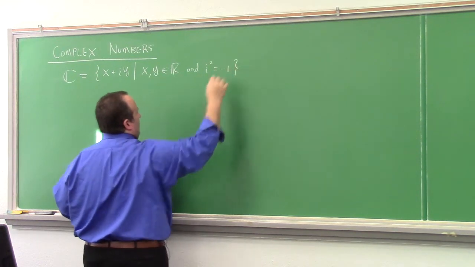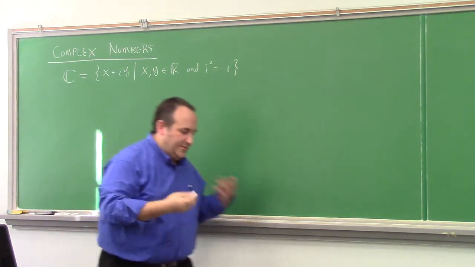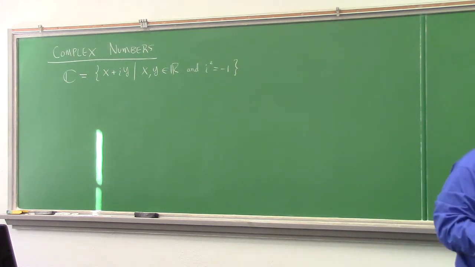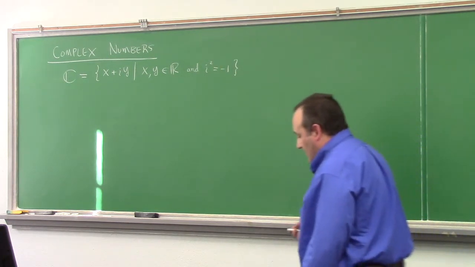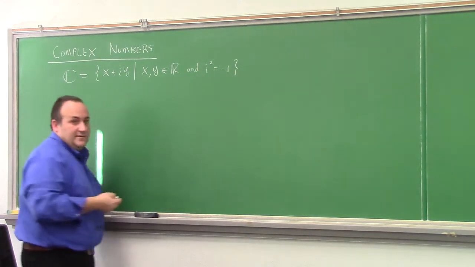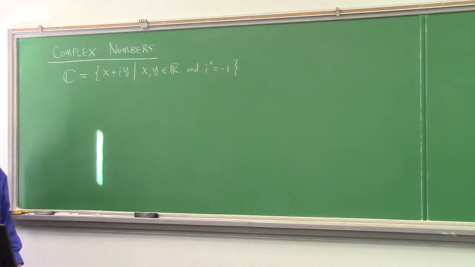This is, at the moment, a formal definition of complex numbers because I'm not really telling you what i is. I'm just saying there's this thing called i, and its square is -1. So right away, that's a hint that i is not a real number, because there's no real number that squares to -1. So there's something unreal, if you will, about this set to start with.